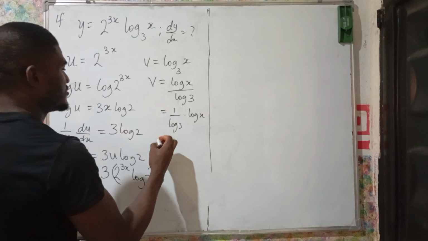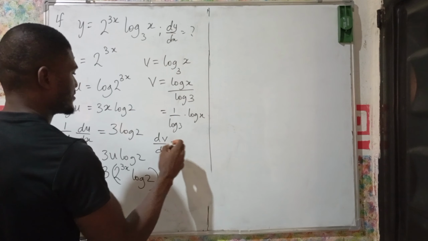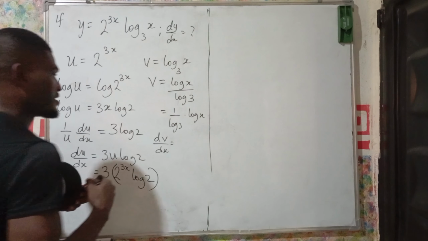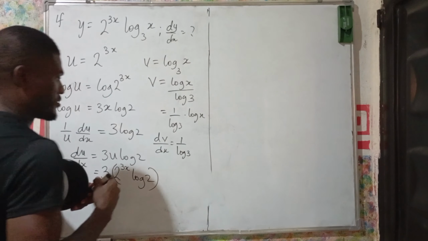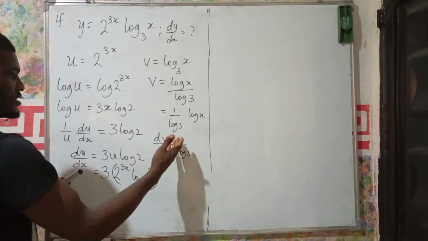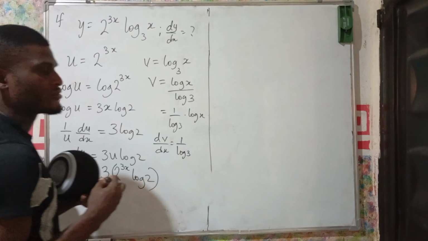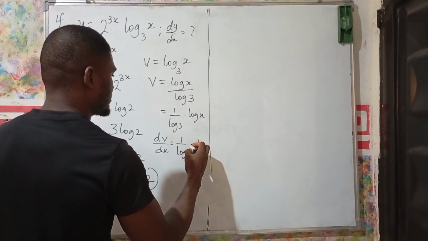Differentiating v with respect to x, we'll have dv/dx. First of all, write the constant. The constant would be 1 over log 3. This value does not contain x, so that becomes a constant. Now differentiating log x would become 1 over x.